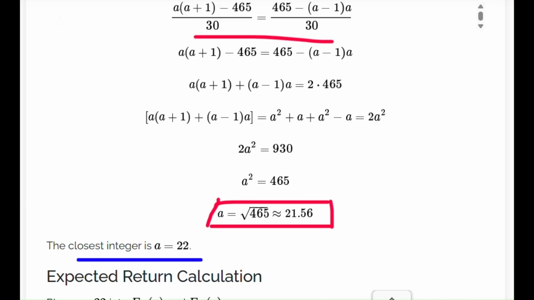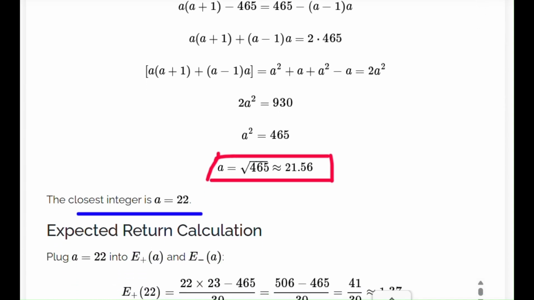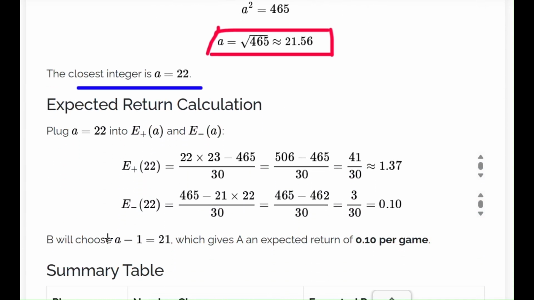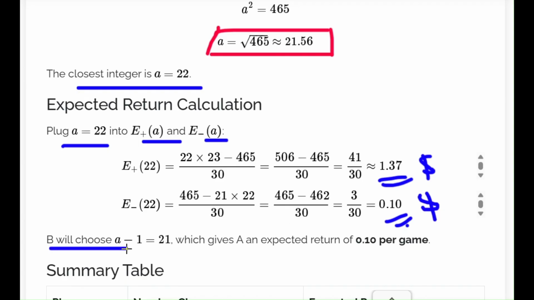The closest integer is A equal to 22. We plug A equal to 22 in E plus A and E minus A. This gives us the expected payoffs, which are $1.37 and $0.1. So B will choose 21, which gives A an expected payoff of $0.1, because B would try to minimize A's payoff.